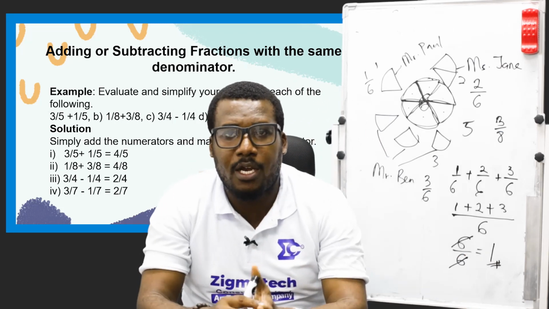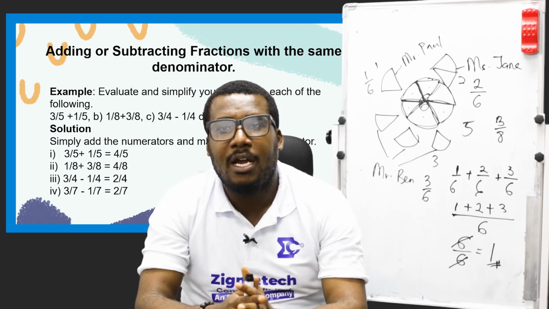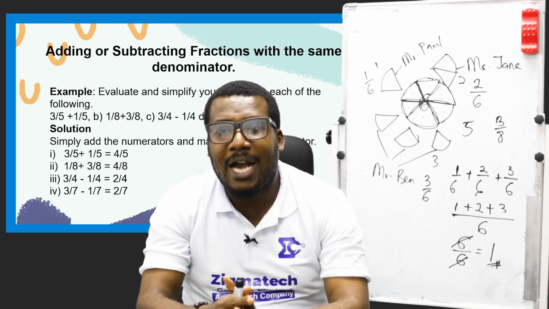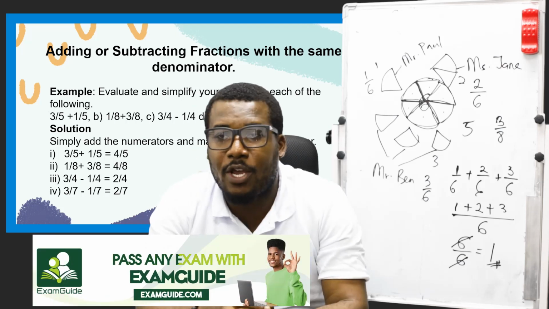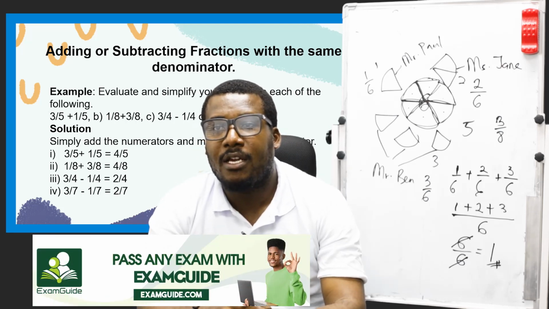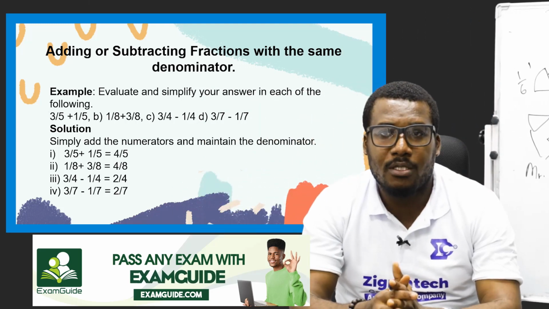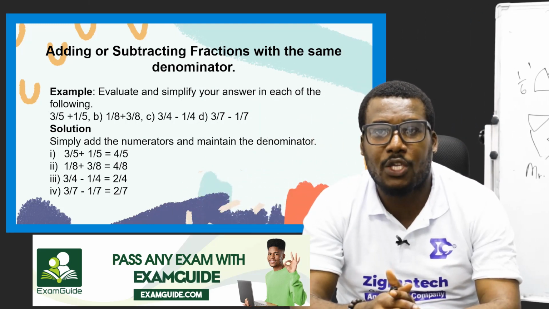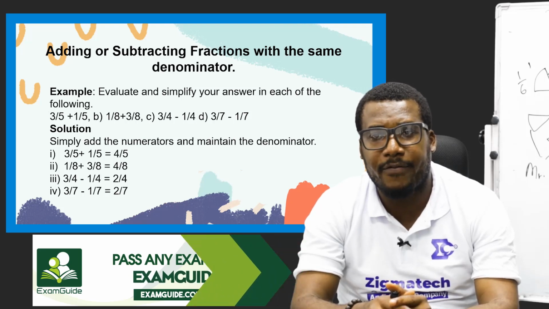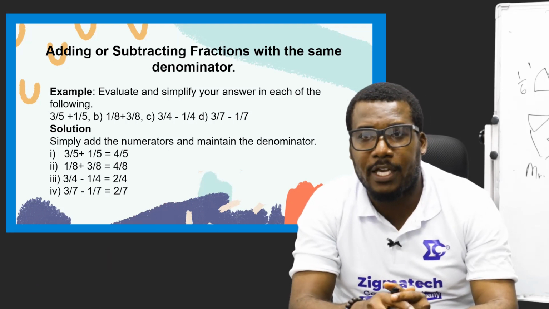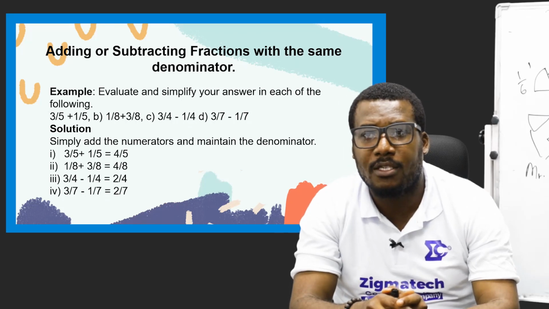If you look at your screen where we have our example, we are asked to evaluate and simplify each of the following. The first one, they gave us 3/5 plus 1/5. Second one, 1/8 plus 3/8.